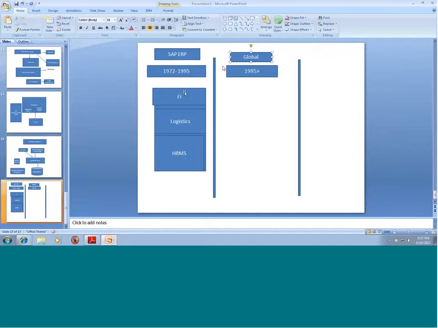When that happened, it was not sufficient to have just these three modules. SAP had to enhance these modules so that they could be the market leader in ERP solutions. So they came up with something that could establish the presence of SAP not only in the ERP system but also advance it to a larger group and make the ERP solution the number one.